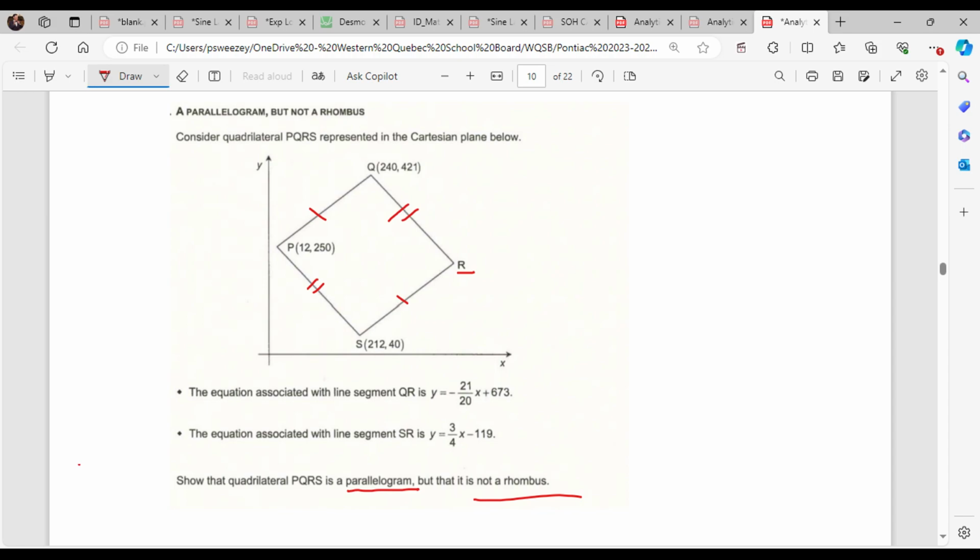So you don't know what point R is, but you have S, you have P, you have Q. You have your list that tells you the things that make a parallelogram, and the list that would allow you to identify things that make a rhombus. So we're trying to prove that it is not a rhombus, but that it is a parallelogram.